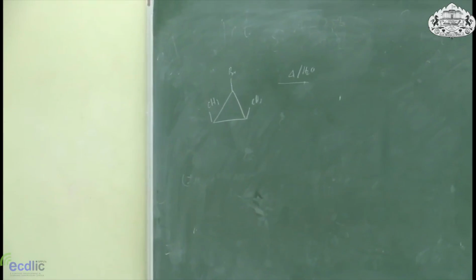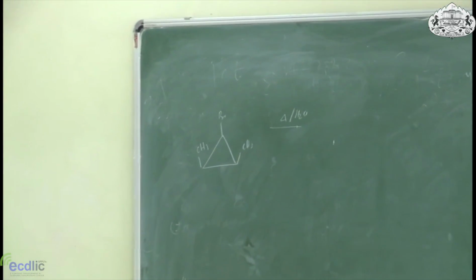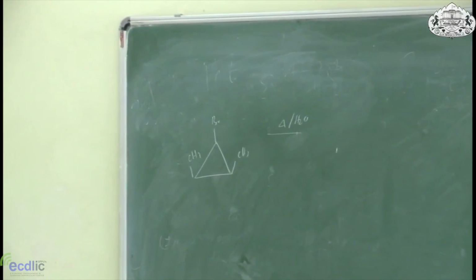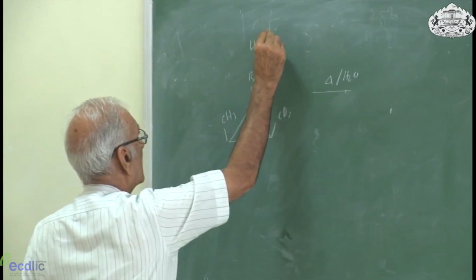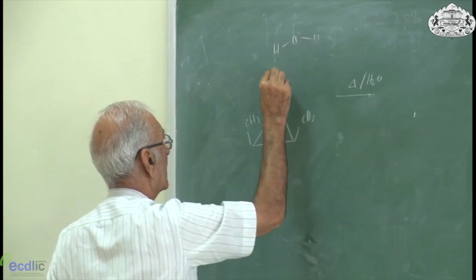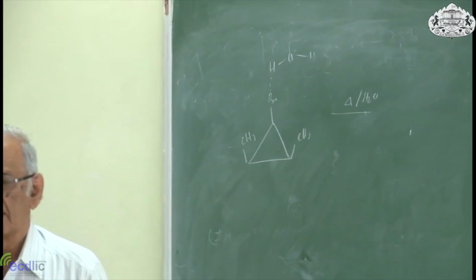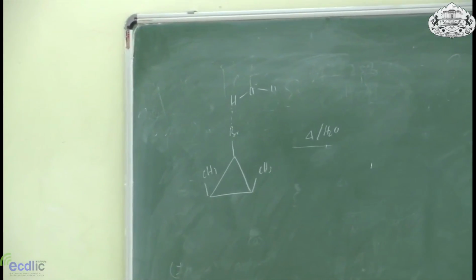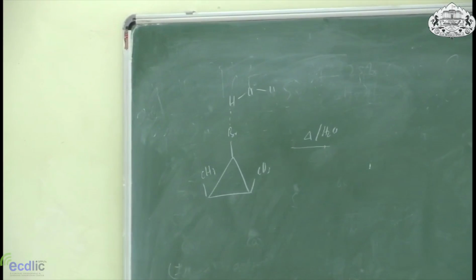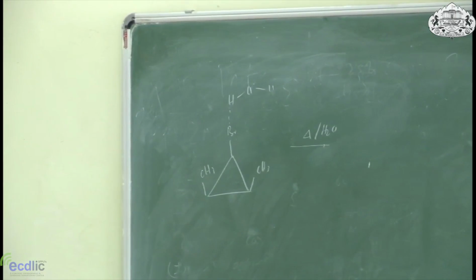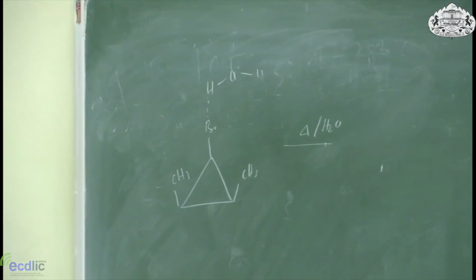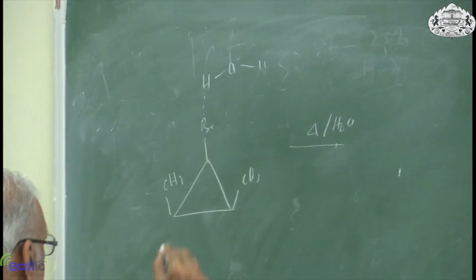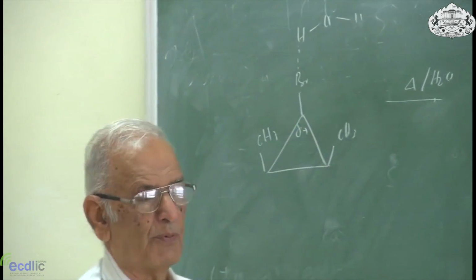Heat in the presence of water. What does that water do? It forms a hydrogen bond with the bromine, it weakens the carbon bromine bond and creates a slight positive charge on this center.